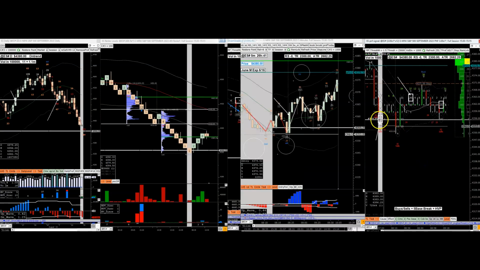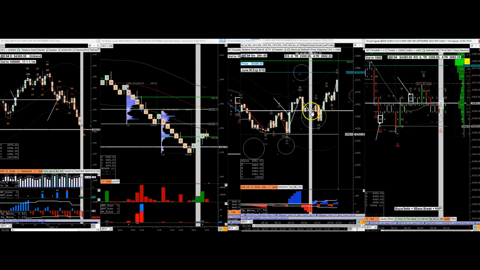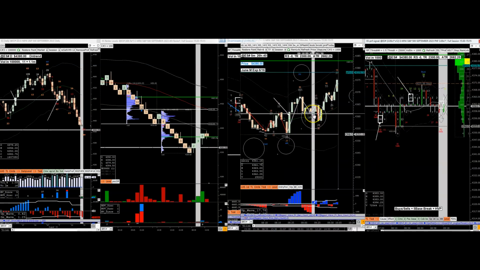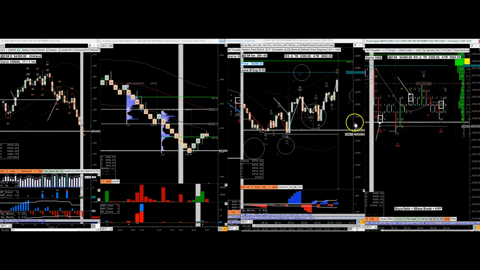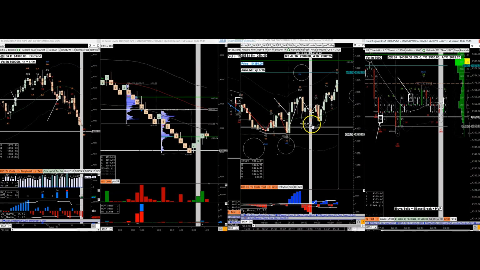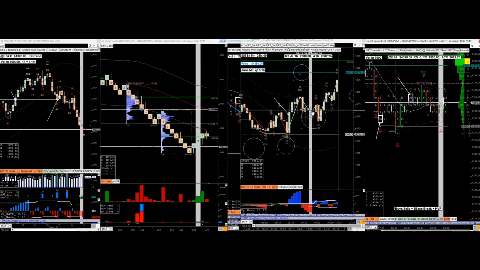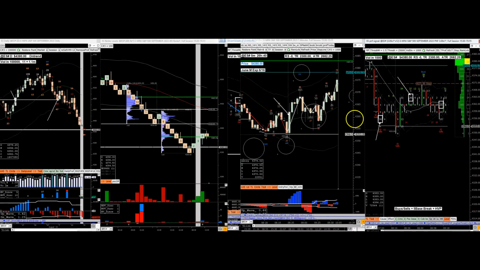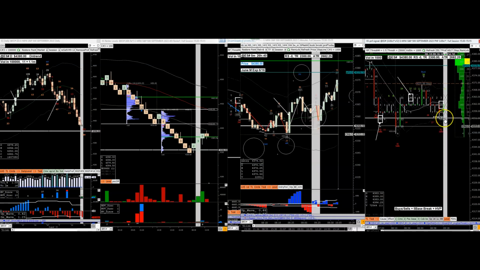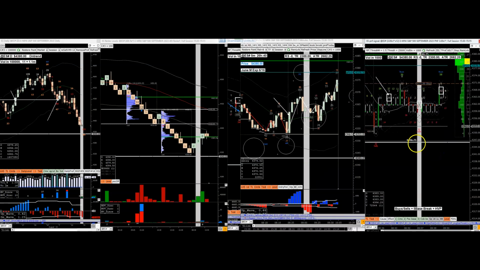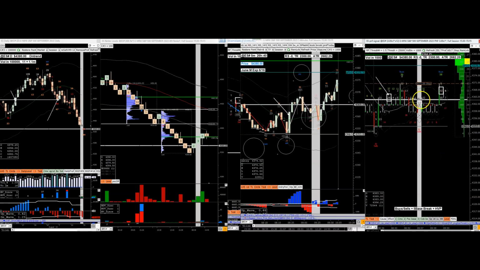That right there is telling you where the buyers are, and this green candle with the big wick is telling you that when we tried to go down, these buyers were there and they were so strong that they reversed the entire candle. So that means that there's buying pressure off of their accumulation. So this thing is not ready to go down.